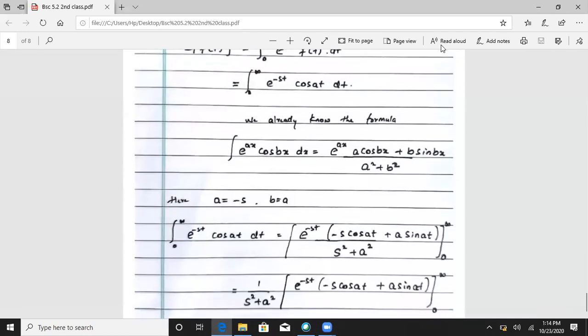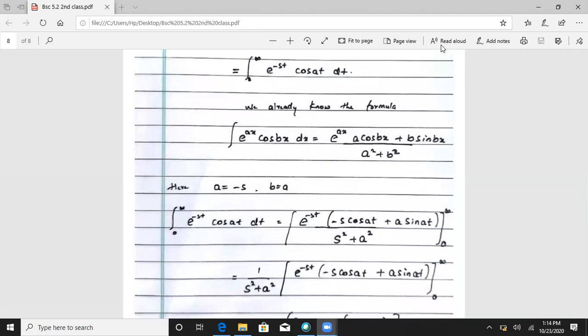Same here, we already know the formula. It is what is called integration by parts.